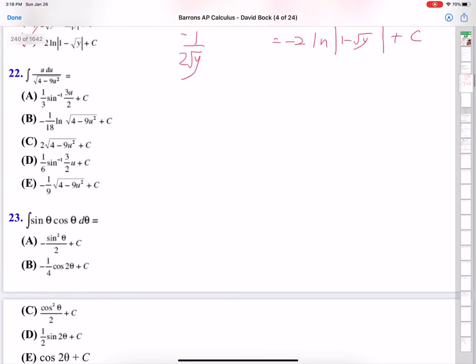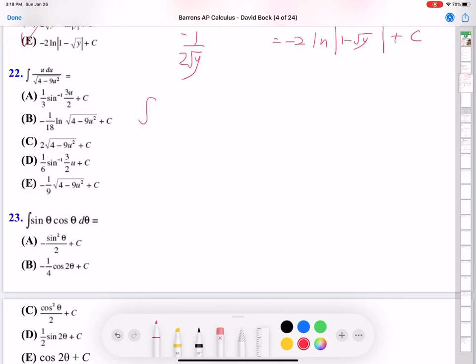Number 22. Integral u over root 4 minus 9u squared du. Yes, U substitution. 4 minus 9u squared, let's take a big U, large U. Then you change the integral to u over square root of large U, and change du to dU. So what is the derivative of that U part? 18u, negative 18u.